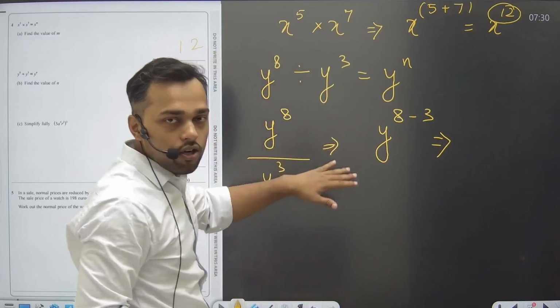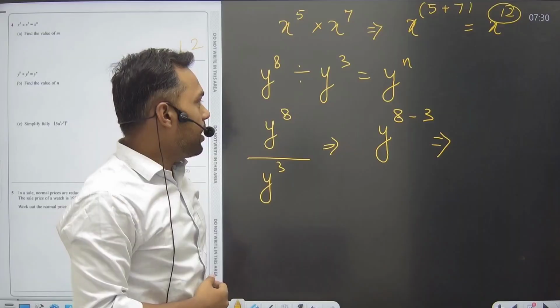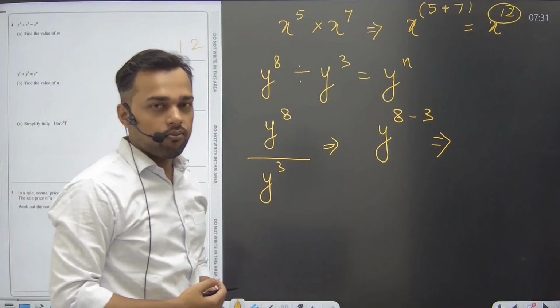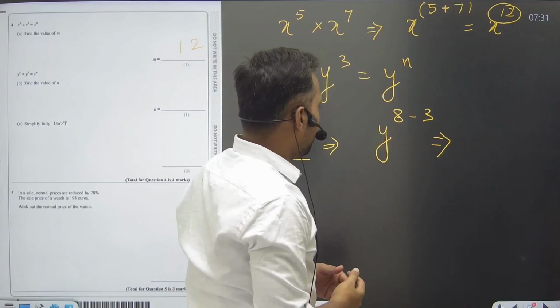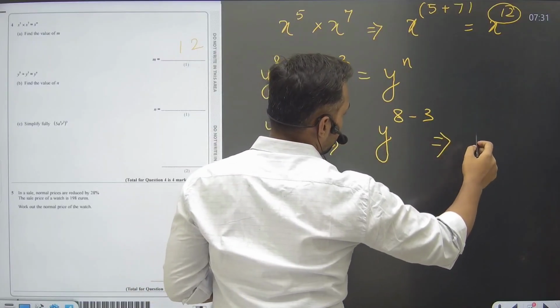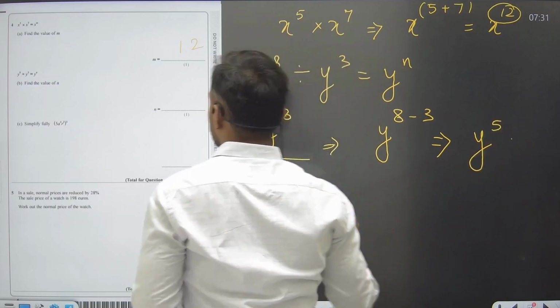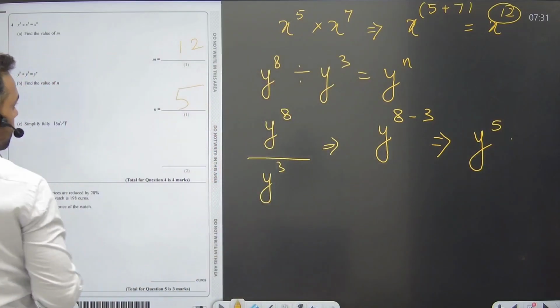Again I have applied laws of exponent here: a power m division of a power n will be equals to a power m negative of n. So y power 8 negative 3 will be y power 5. So the value of n here will be 5.